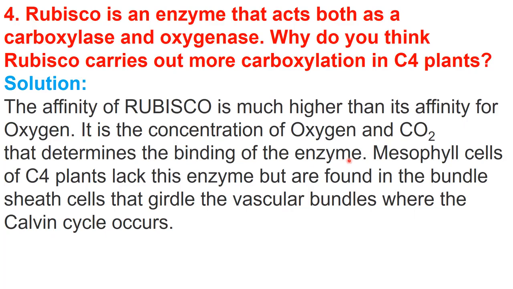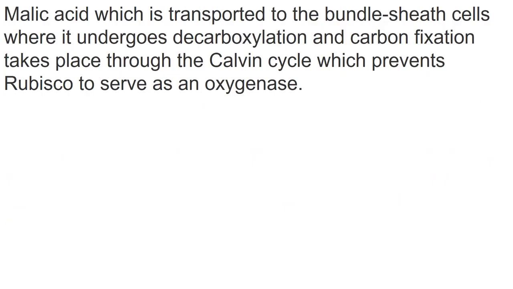Mesophyll cells of C4 plants lack this enzyme, but Rubisco is found in the bundle sheath cells that girdle the vascular bundles, where the Calvin cycle occurs. Malic acid in mesophyll cells is transported to the bundle sheath cells, where it undergoes decarboxylation, and carbon fixation takes place through the Calvin cycle.